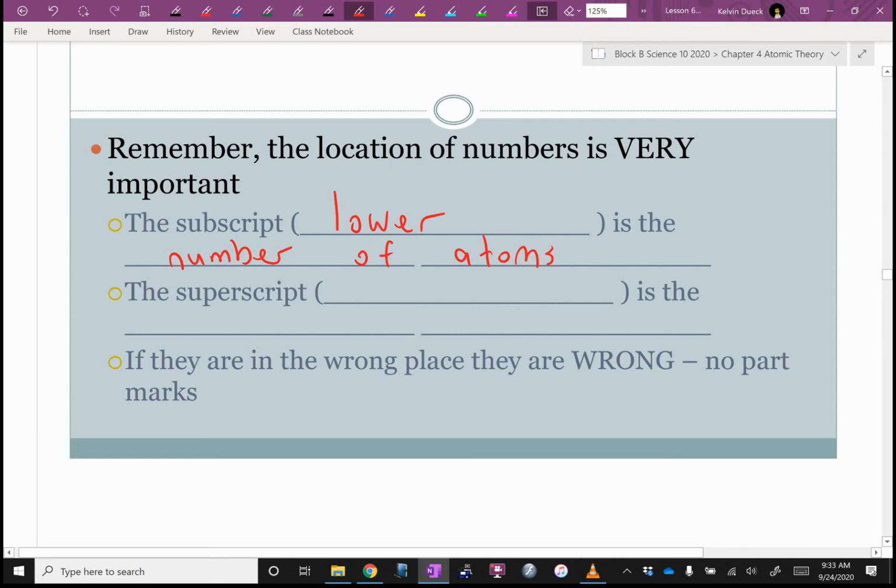The superscript up there, the upper number, is the ion charge. If you get them mixed up, if you put them in the wrong place, this is the risk with the crisscross rule. I won't give you part marks. You got the wrong chemical formula. Sorry.